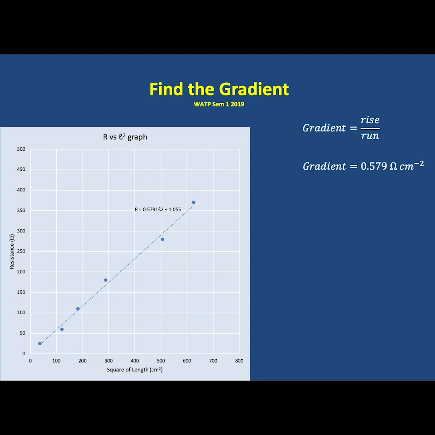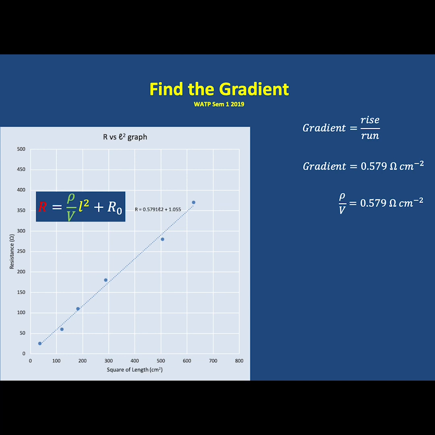Once I've found the gradient of the line, I then go back to my given equation, R equals rho on V L squared plus R naught, and I can see that the green part of that equation, rho on V, resistivity on volume, is the gradient part of the equation. So I bring that into my calculation. Rho on V equals 0.57 ohms per square centimeter.